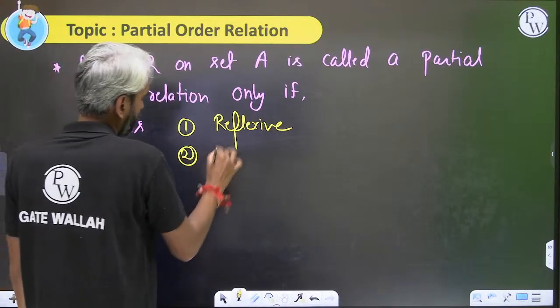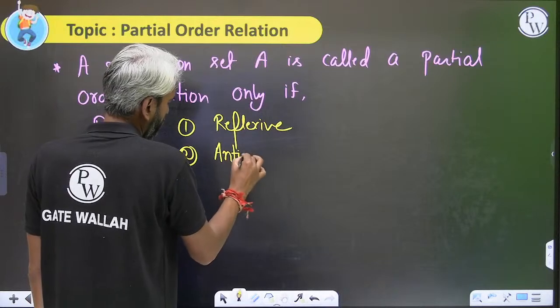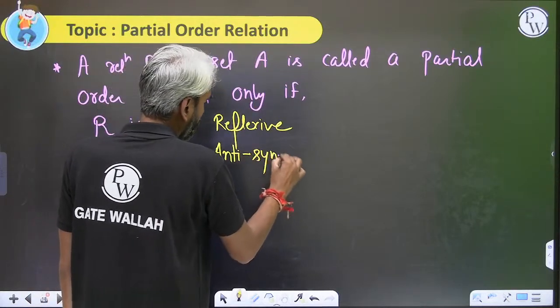Second, the relation must be anti-symmetric, not asymmetric or symmetric, it will be anti-symmetric.